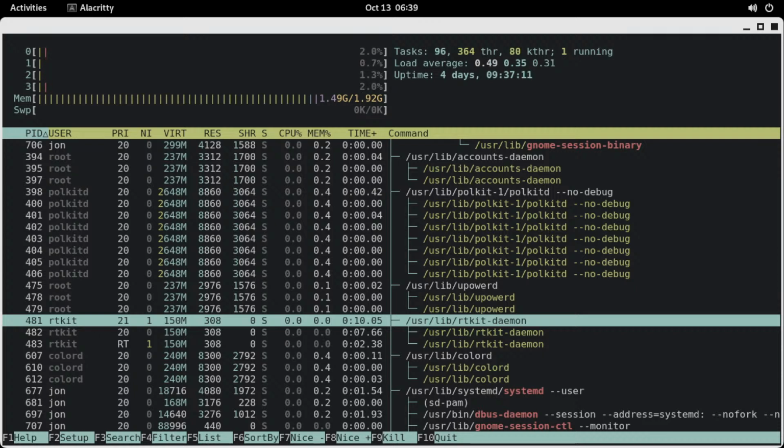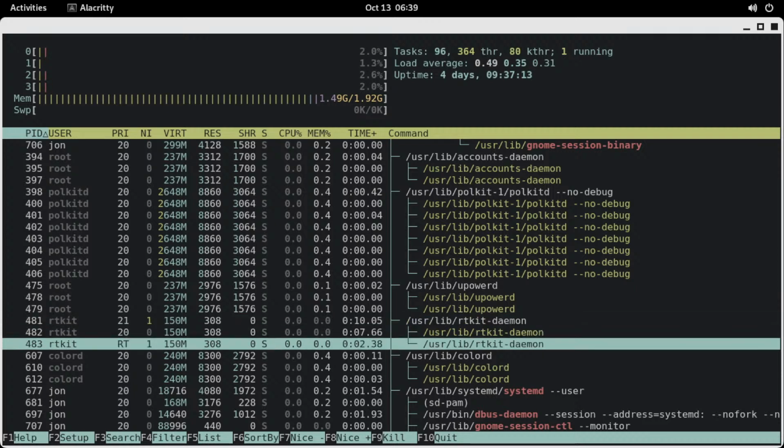But if we look down 2 more, we see this RTKit daemon, whose priority is RT, which is real time, the absolute highest priority. The kernel would schedule that before anything else if it wants to run. But for the most part, it's just sitting there sleeping and blocked.